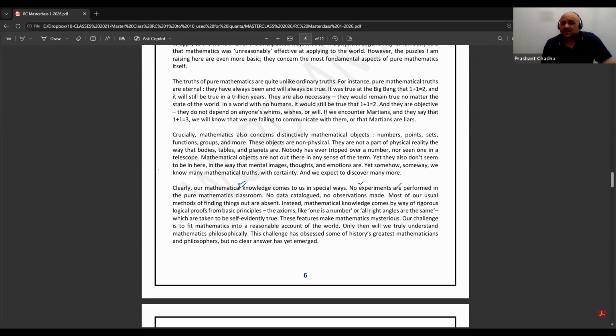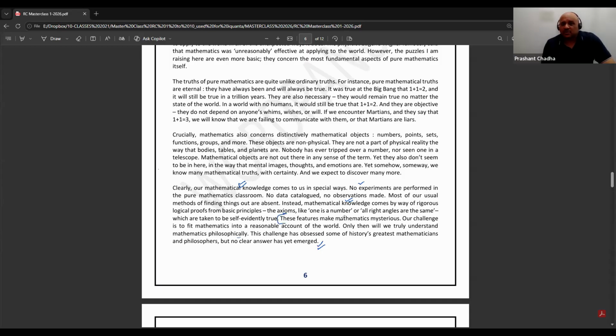It comes from rigorous logical proofs. These features make mathematics mysterious. Our challenge is to fit mathematics into a reasonable account of the world. Only then will we truly understand mathematics philosophically. The challenge has obsessed some of the greatest mathematicians and philosophers, but no clear answer has yet emerged.